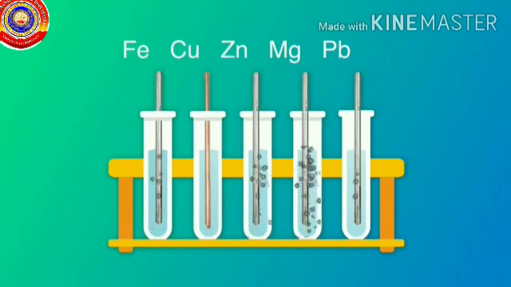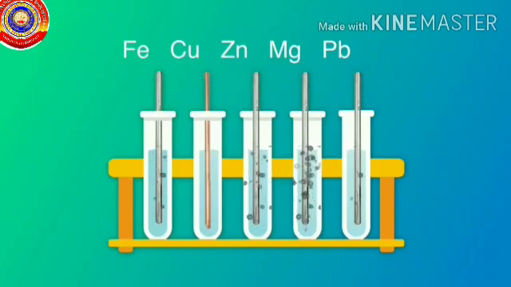You can see more bubbles are formed in the test tube with magnesium than that of zinc. Similarly, the number of bubbles that comes out are more in test tube with zinc than that of iron. Only few bubbles come out in test tube with lead and no reaction takes place in test tube with copper.